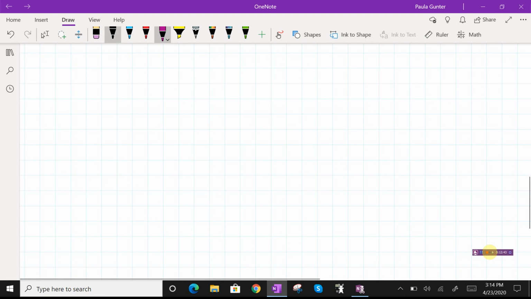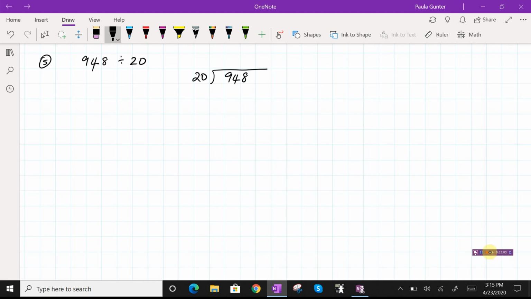So let's look at another one, number 5. 948 divided by 20. All right, so let's set this up. 20 does not divide 9, so that's 0. The first numbers that we will ask how much 20 divides will be 94.